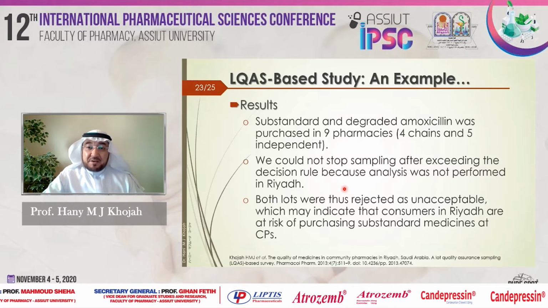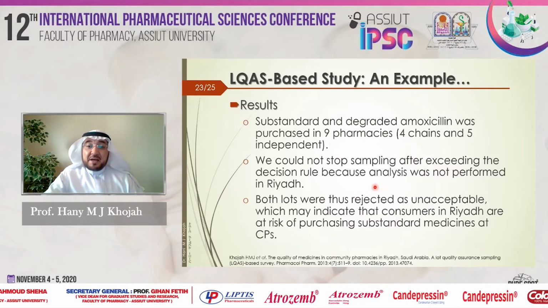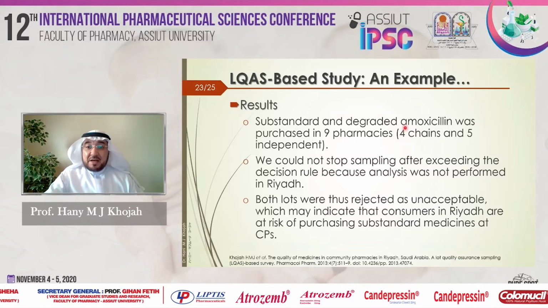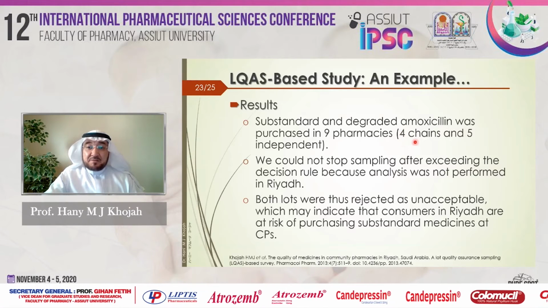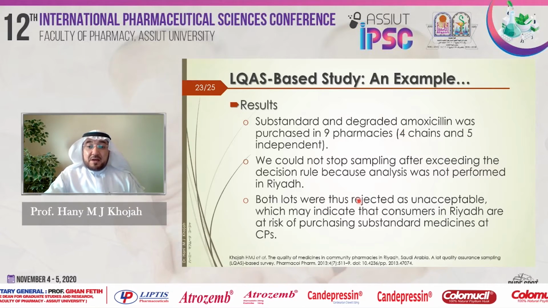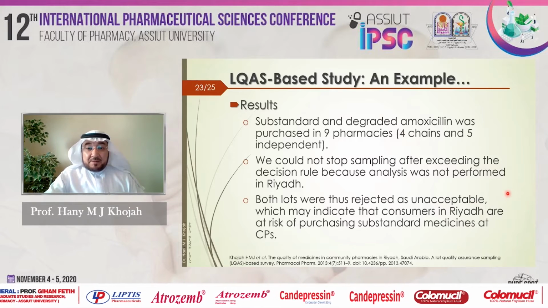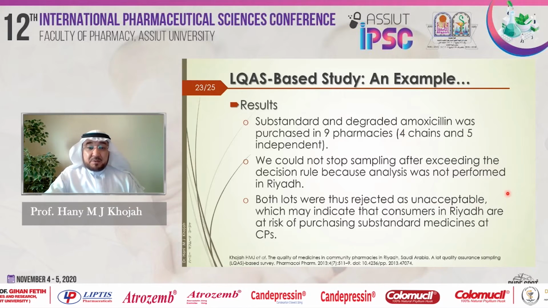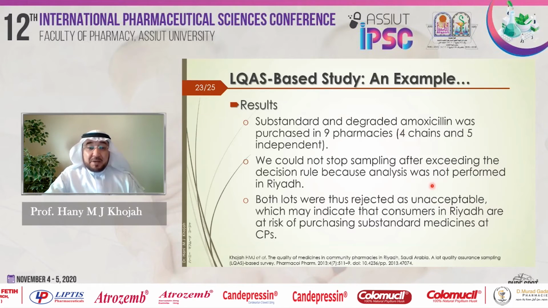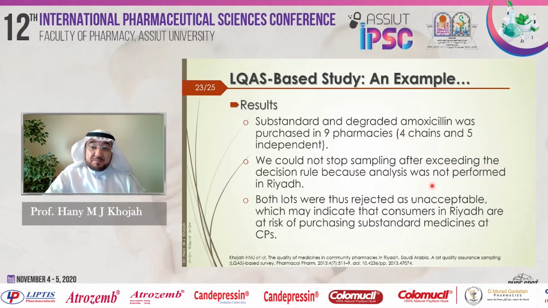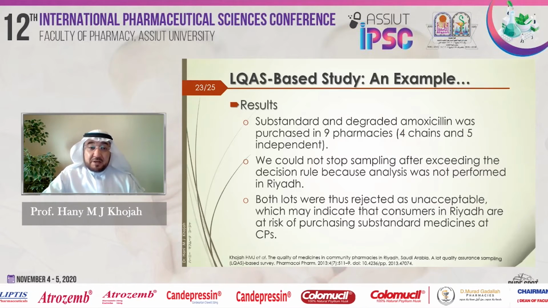So both lots here were rejected, the chain and independent pharmacies, because I have exceeded the decision rule here, 4 and 5. So they were rejected as unacceptable, which may indicate that consumers in Riyadh may be at high risk of purchasing substandard medicines at community pharmacies.